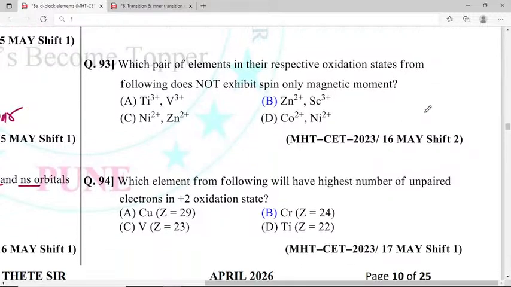Which pair of elements in their respective oxidation states does not exhibit spin-only magnetic moment? Zn2+ is 3d10, because zinc has 3d10 with no unpaired electron, and scandium has 3d0 with no unpaired electron. So it does not show spin-only magnetic moment because the unpaired electrons are 0.